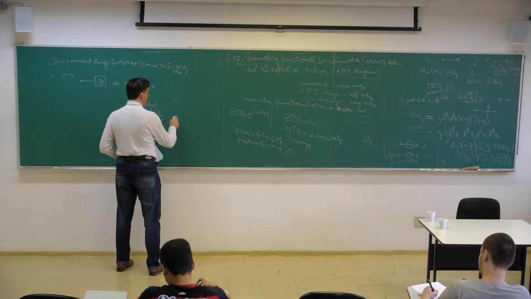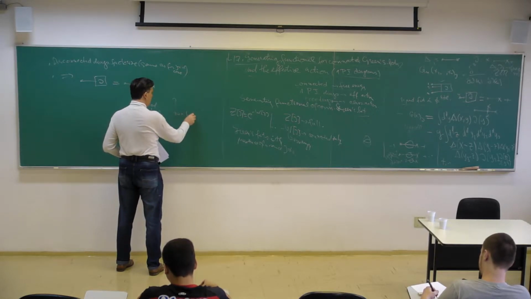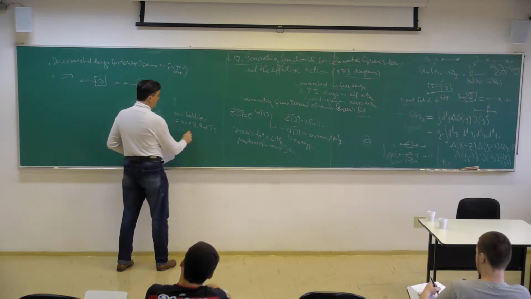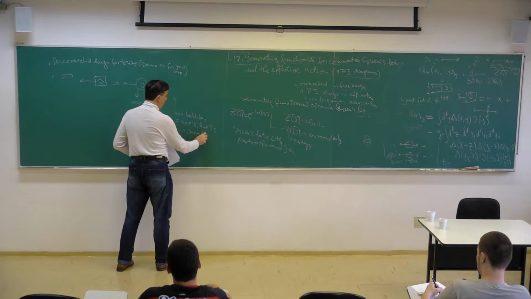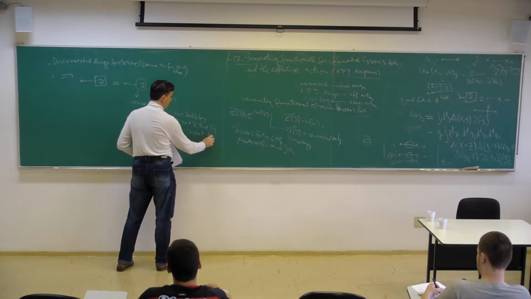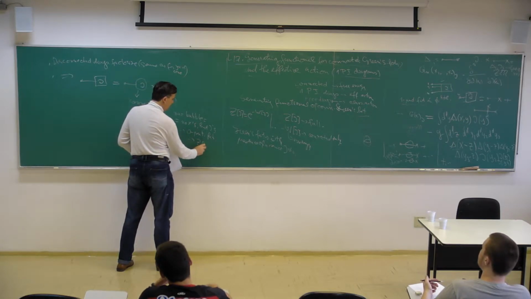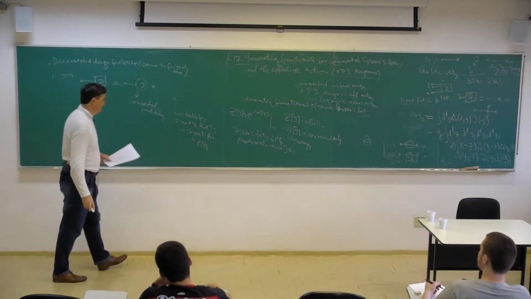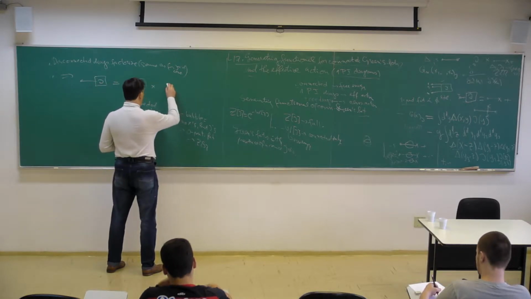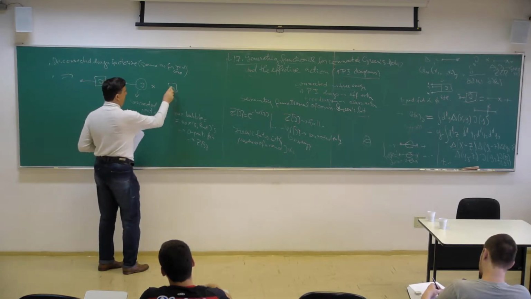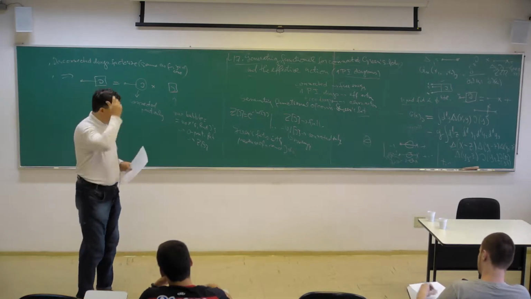So vacuum bubble would be no x's, but j's. In other words, what we would call a 0-point function. Or yet, in other words, 0-point function means non-derivative, so it means Z of j itself. So, being that it is a 0-point function, I'll denote it just by a box with a j, without legs.